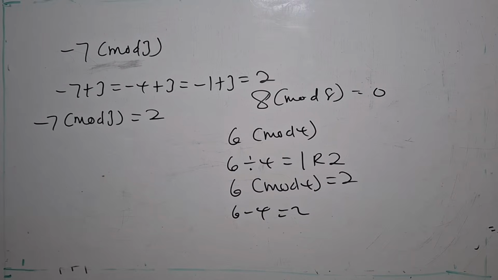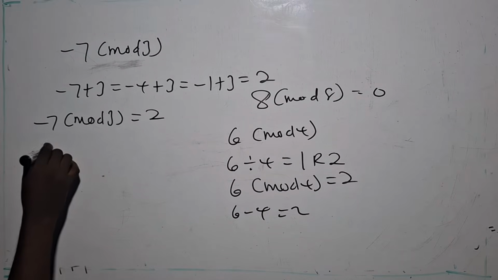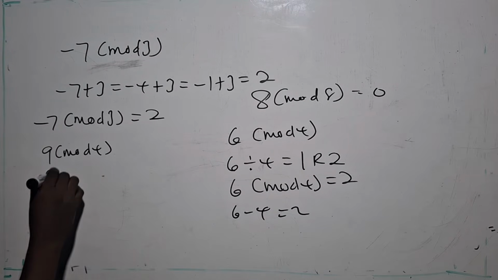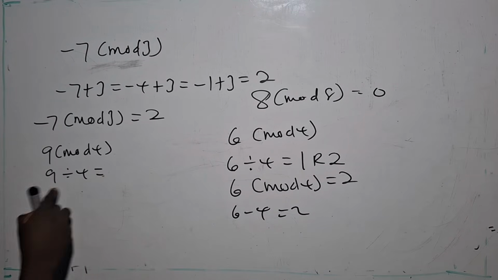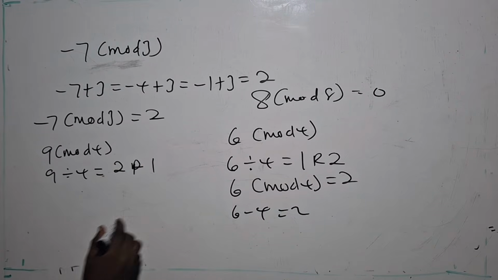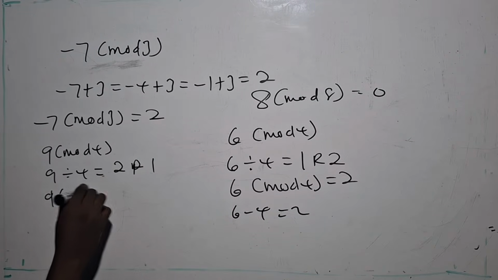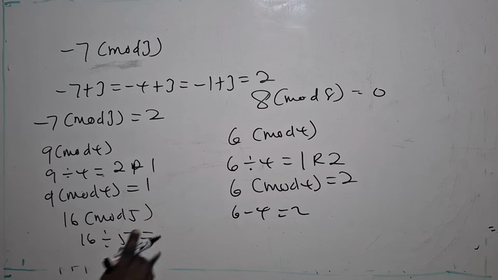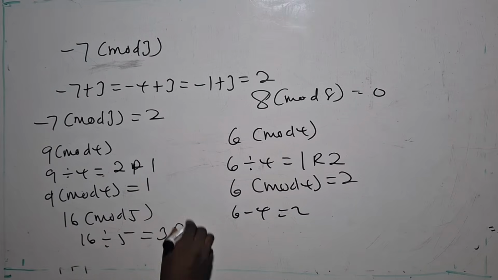For instance, if we have 9 mod 4, you solve 9 divided by 4. 4 will divide 9 twice, remainder 1. So 9 mod 4 is equal to 1. Now, let's say we have 16 mod 5. 16 divided by 5 will be 3, remainder 1.